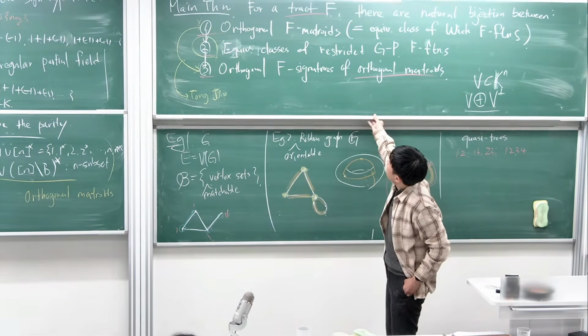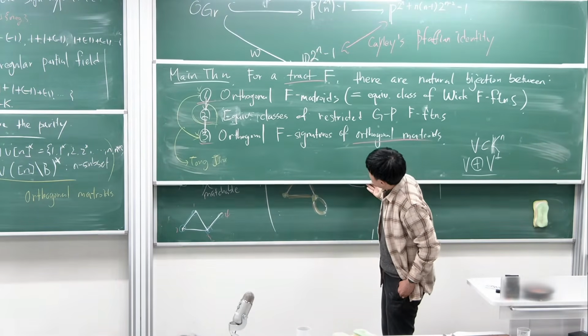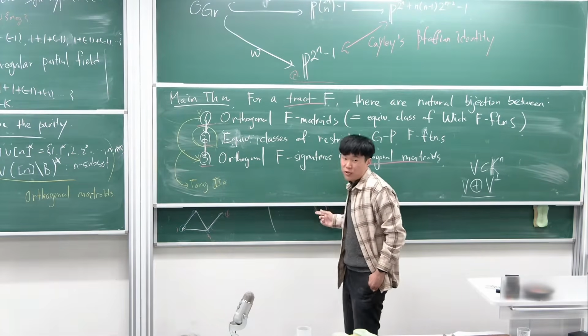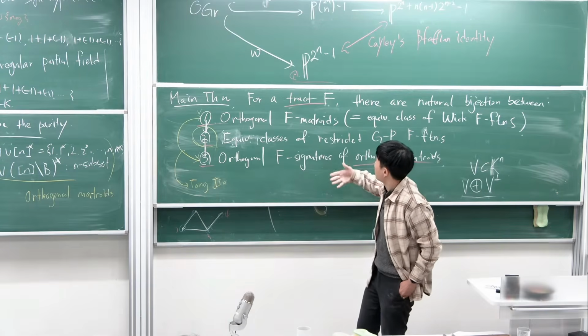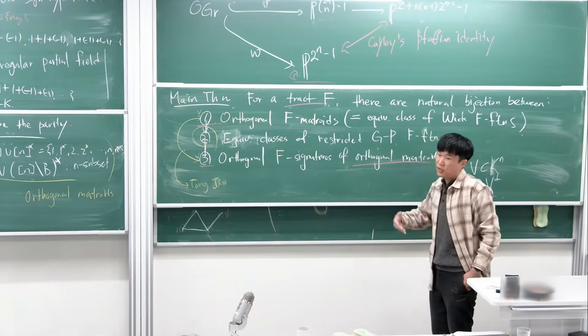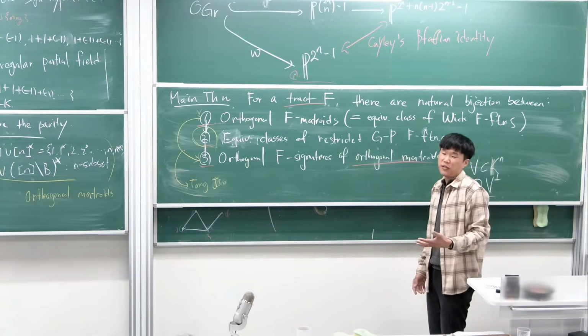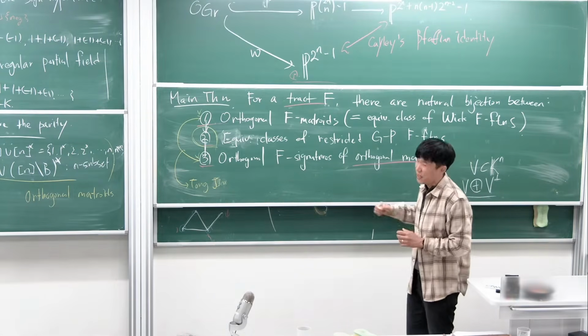Our main theorem does not have an immediate application, but we believe that maybe it gives another understanding of the orthogonal matroid with coefficients. Maybe there is a good application in the future. So this is the end of my talk, and thank you for listening.